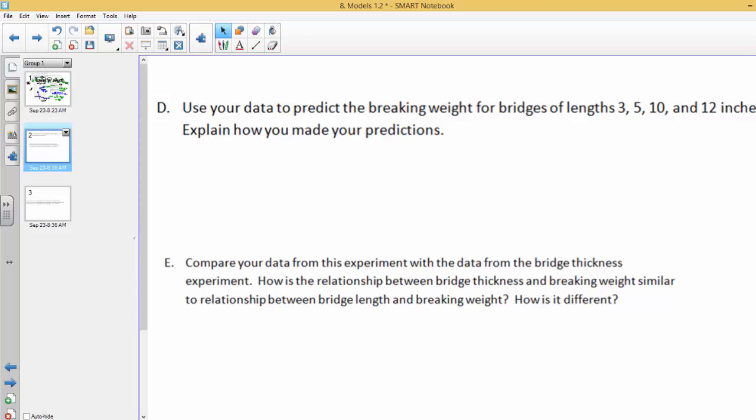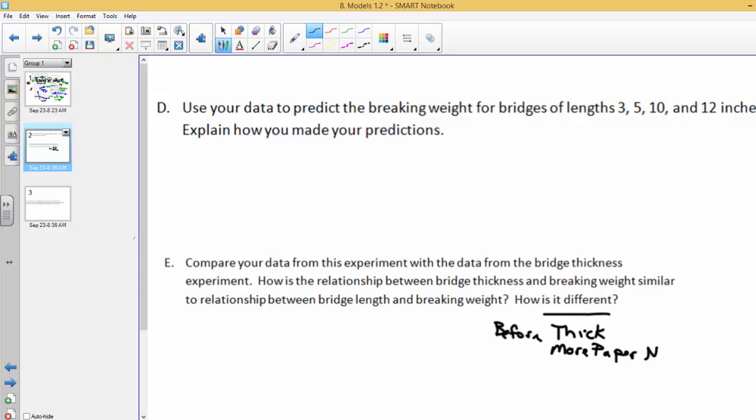So how is this the same and how is this different than what you did before? So it's different because before we did thickness of paper. And the more paper, the more pennies. And we got a linear data, where the graph was going up.